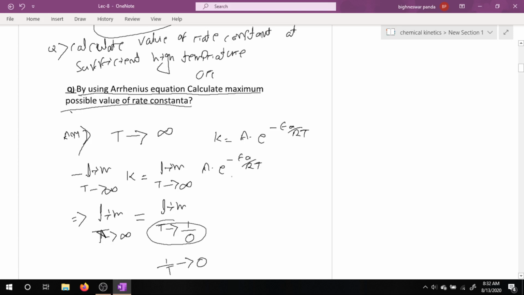So here 1/T is 0, so e^(-Ea/R × 0) is also e^0, which is 1. So the limit as T tends to infinity of k is A: the maximum value of the rate constant will be A at a very high temperature.